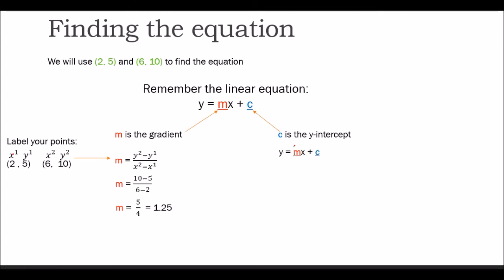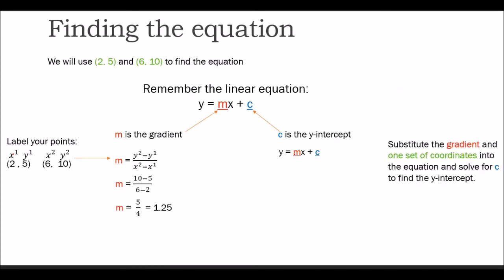You know what your gradient is, which is good, but now you need to pick any of the 2 points that we have. You can use these points, or you can use these points. Remember, that's x, that's y. On my formula, all you have to change is the gradient, and then one of the x and y points. So pick any of them.